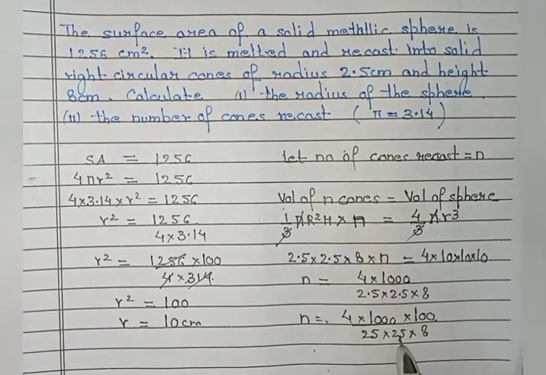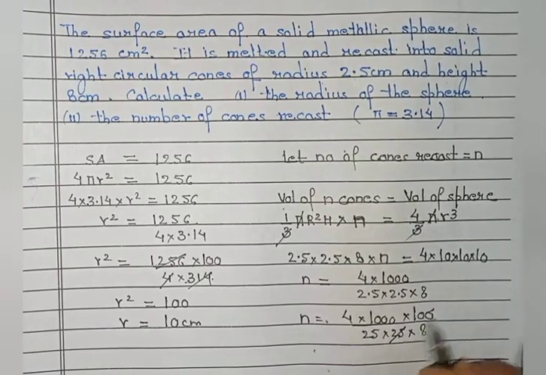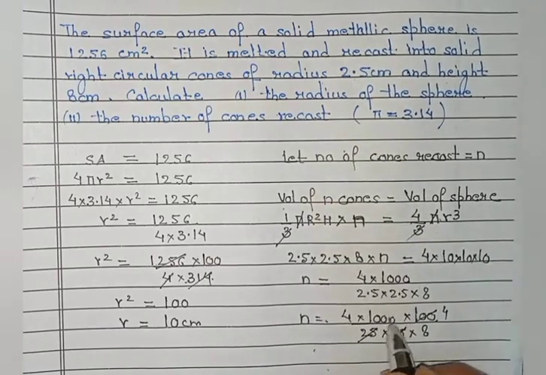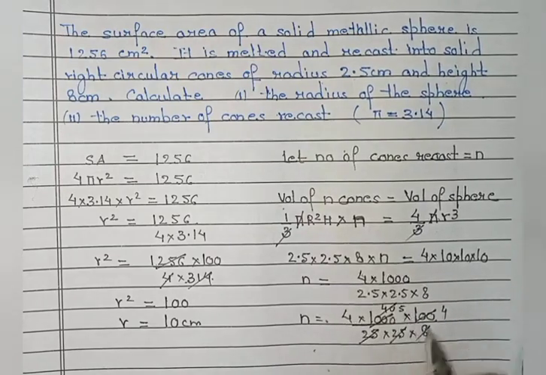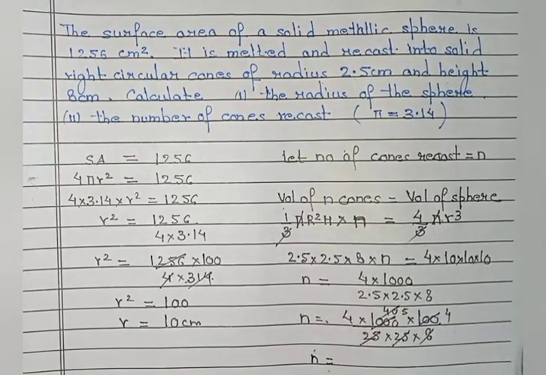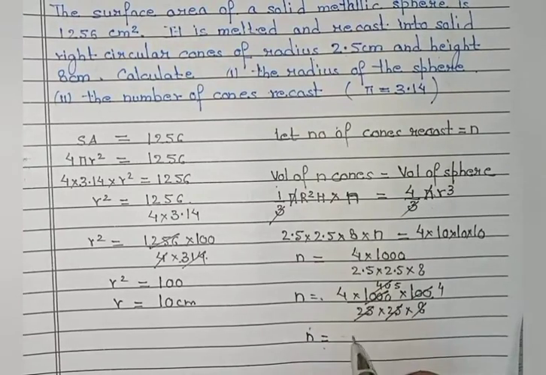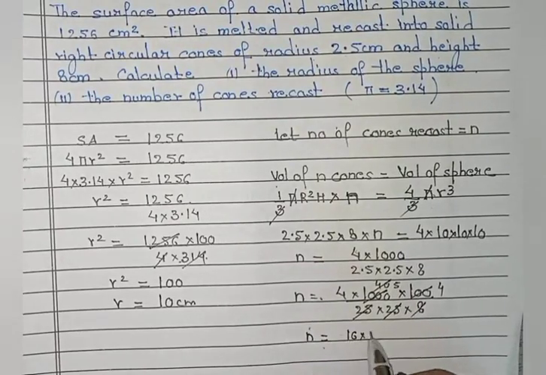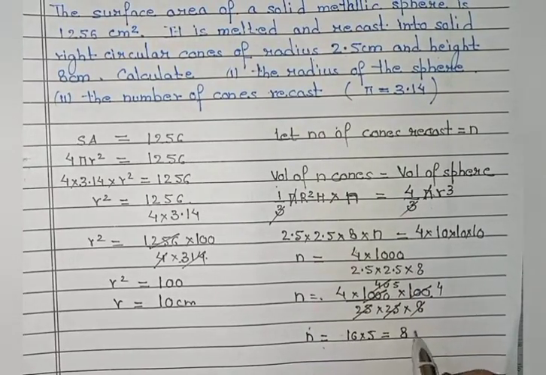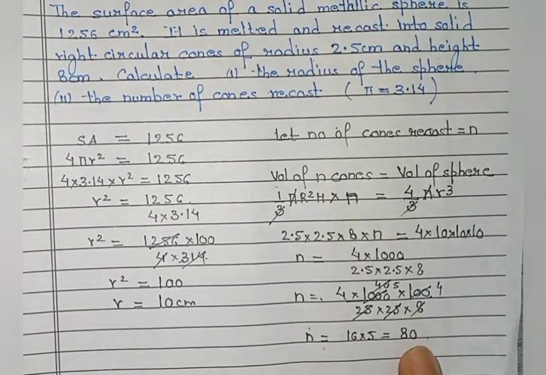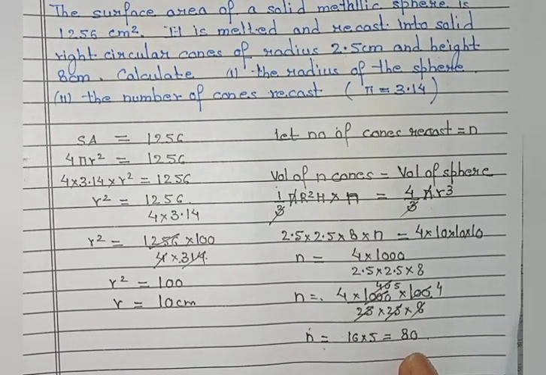So 25 will reduce this 4 times, 25 will reduce this 40 times, 8 will reduce this 5 times, so n is equal to 16 into 5, that is 80. So that means 80 cones will be recast.